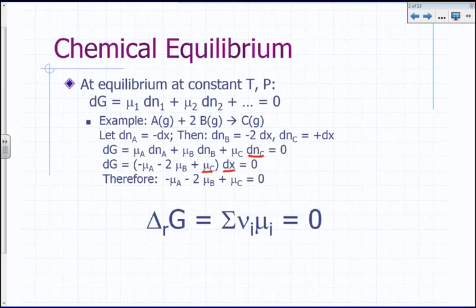So what I have here is the chemical potential of the product minus the chemical potential of the reactants, times dx. You can say that's the change in the chemical potential as you go from reactants to products, times dx, or delta G bar.